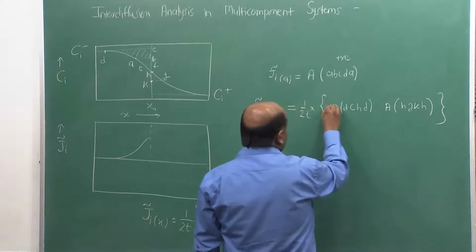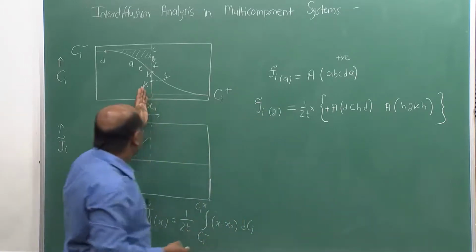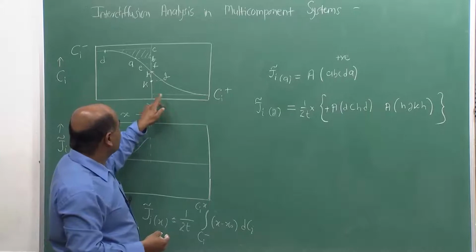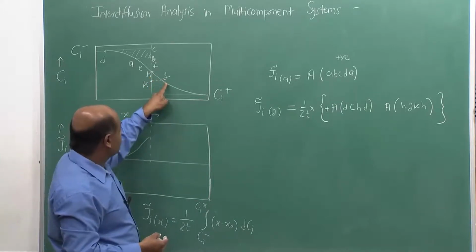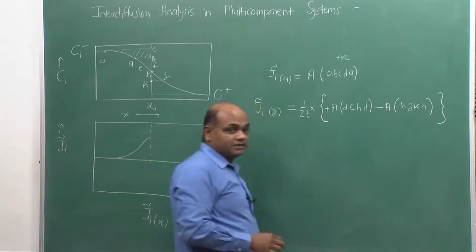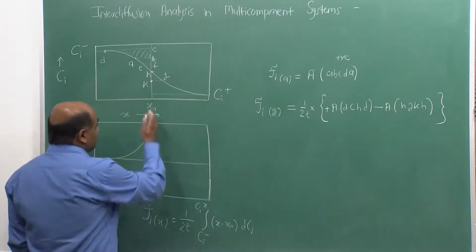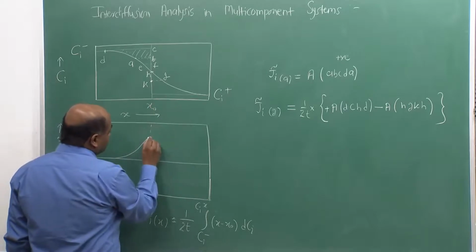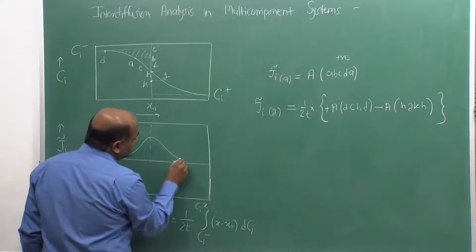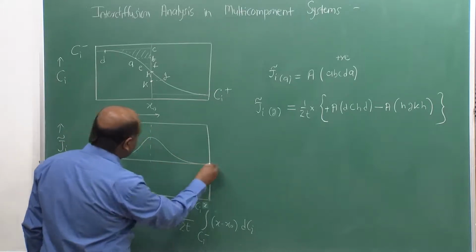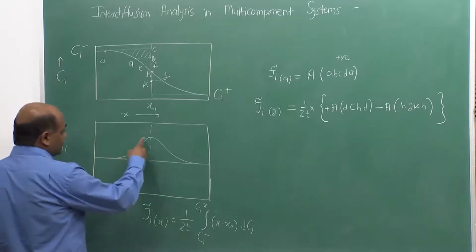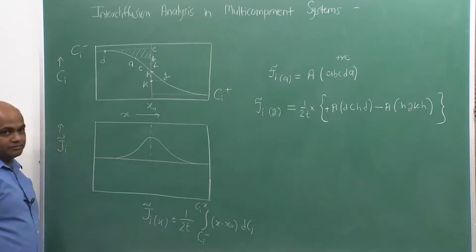This has a positive sign, but now beyond x naught, x minus x naught is now positive, but DC is still negative, and so this area will have a negative sign attached with it, and we can see beyond the metanoplane the flux starts decreasing, and until in the terminal it will again reach 0, and this is how the interdiffusion flux profile will look in the diffusion zone.